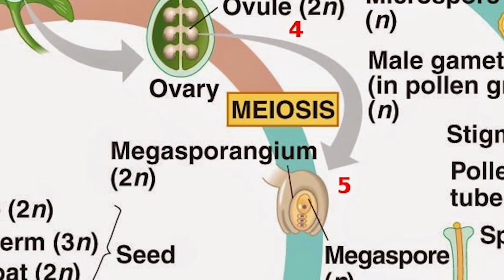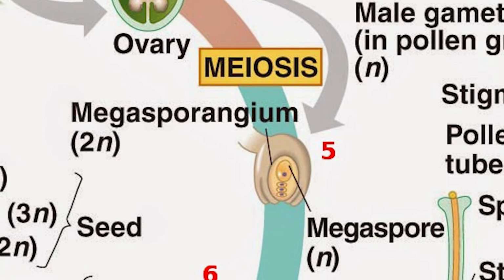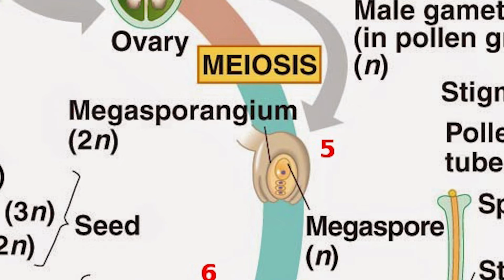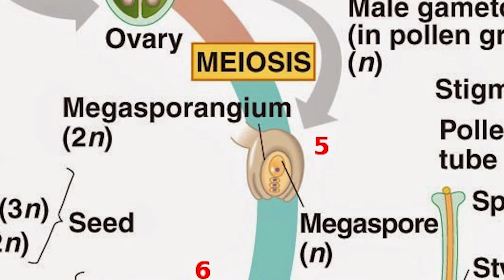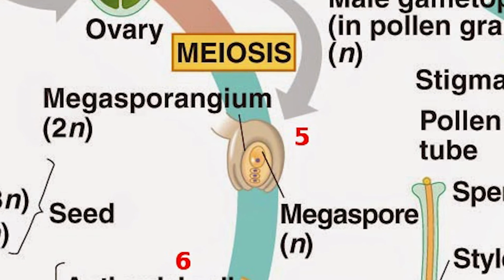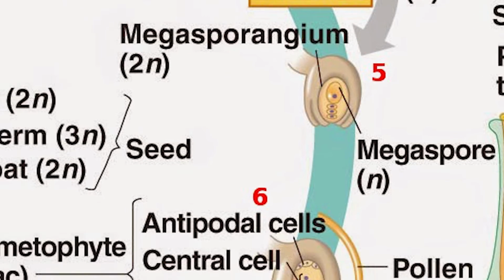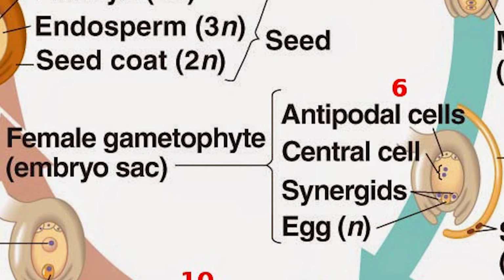One parenchyma cell enlarges to become a megaspore mother cell that undergoes meiosis to produce 4 haploid megaspores. Okay, 3 of these megaspores degenerate, leaving only one surviving megaspore. One megaspore nucleus divides mitotically into 8 nuclei to become the female gametophyte.